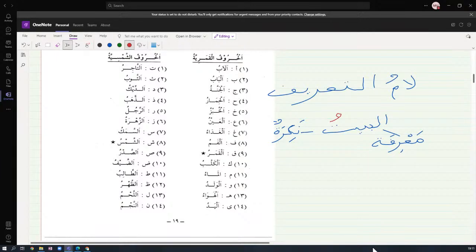And the huruf al-shamsiyya, we do not pronounce the lam, we read straight through it to the first letter of the noun, and it also has a shadda on it. So we say shamsun ash-shamsu.